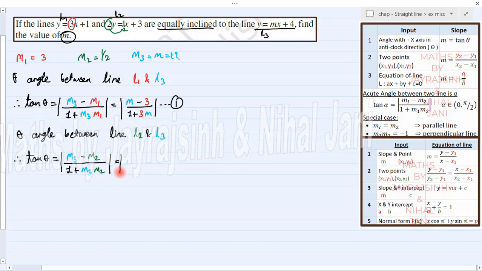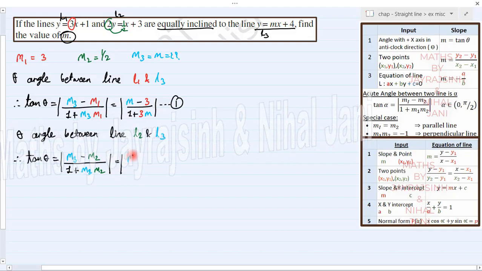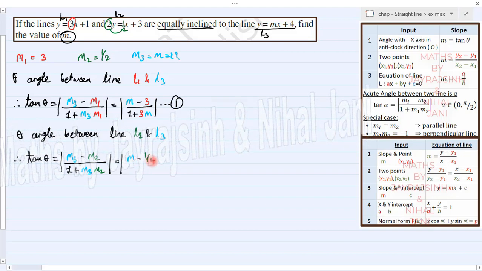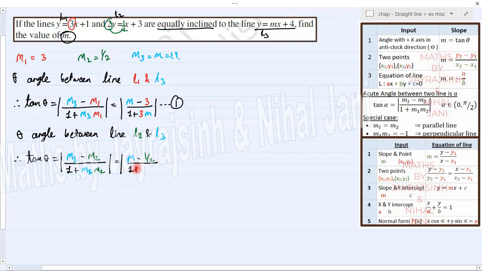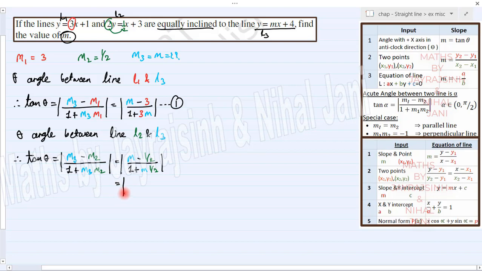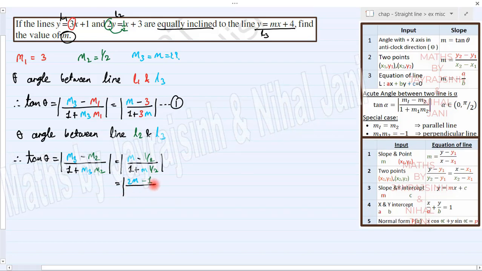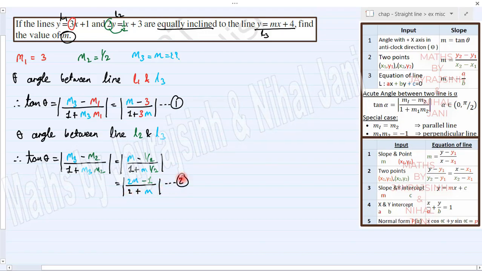If we substitute the values, we will get m minus 1 by 2 upon 1 plus m into 1 by 2. Or if we take LCM, we will get 2m minus 1 upon 2 plus m. Let's say this is equation number 2.